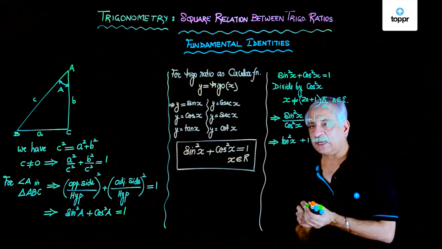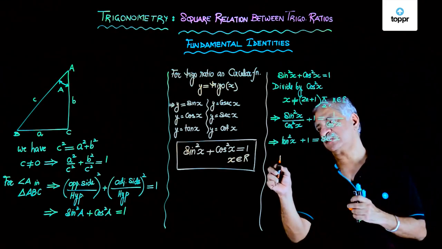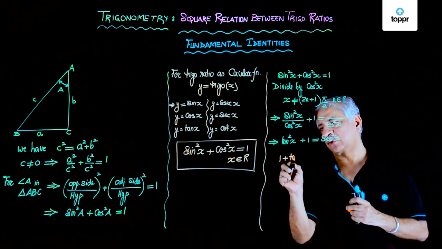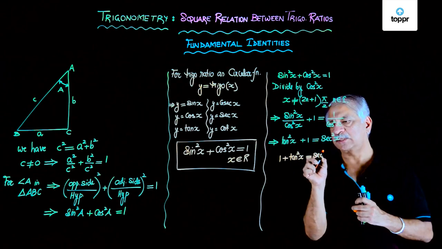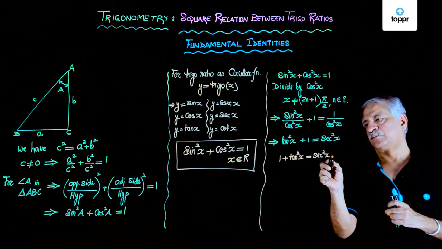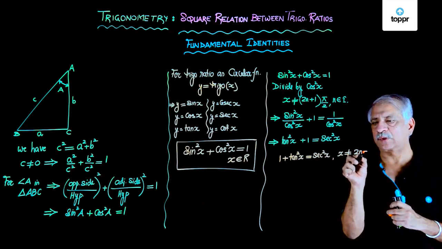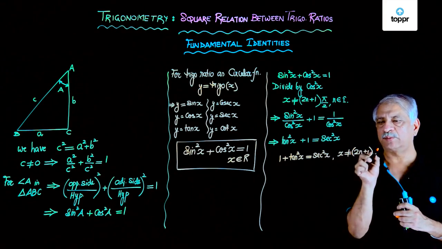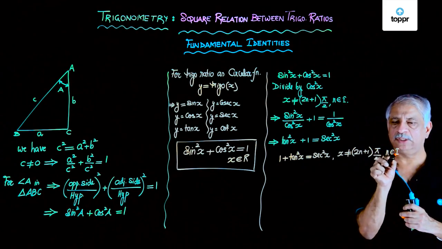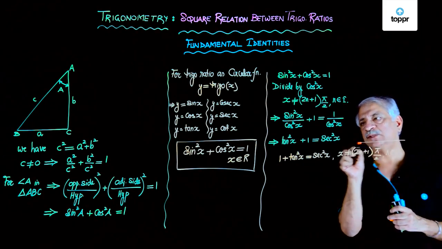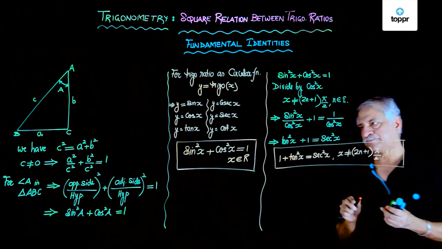So, properly written and remembered as 1 plus tan square x is equal to sec square x, x not equal to 2n plus 1 times pi by 2, n belonging to integers. So, this must be remembered in this form completely.